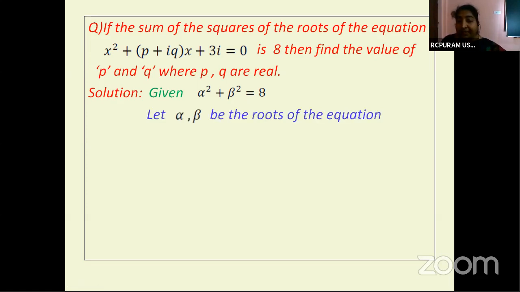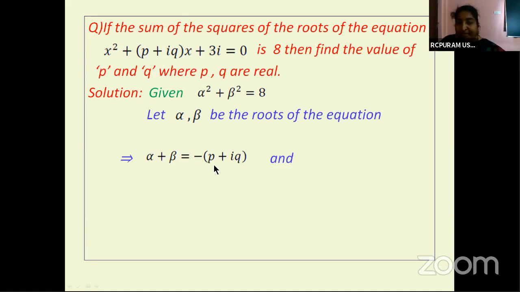Not only that, when you have a quadratic equation, we know that the sum of the roots is minus b by a and the product of the roots is c by a, isn't it? Here our a is 1, b is p plus iq, c is 3i. So alpha plus beta is nothing but minus b, which is p plus iq, and a is 1.